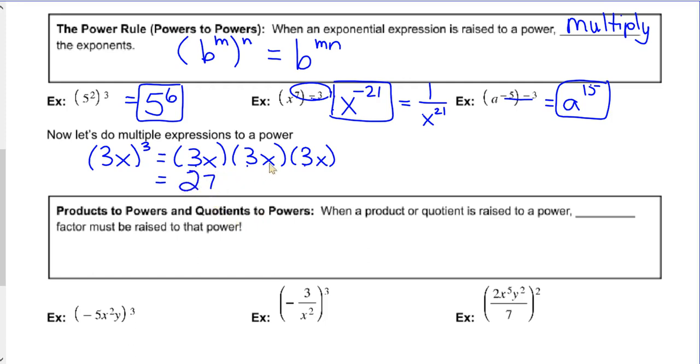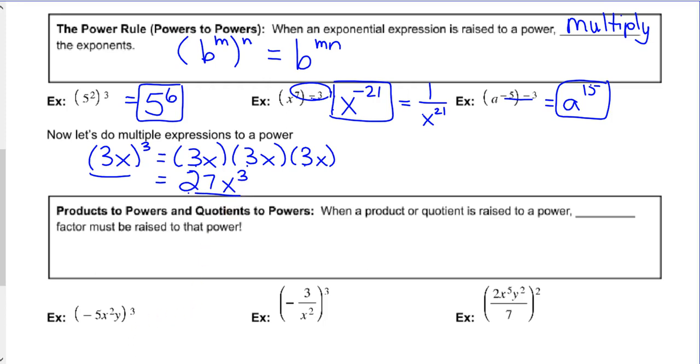And then I need x times x times x, which I can rewrite as x cubed when I add those powers together, 1 plus 1 plus 1. Now, each term here gets a power. The 3 got a power of 3, and the x got a power of 3. So that gives me 27x to the third.